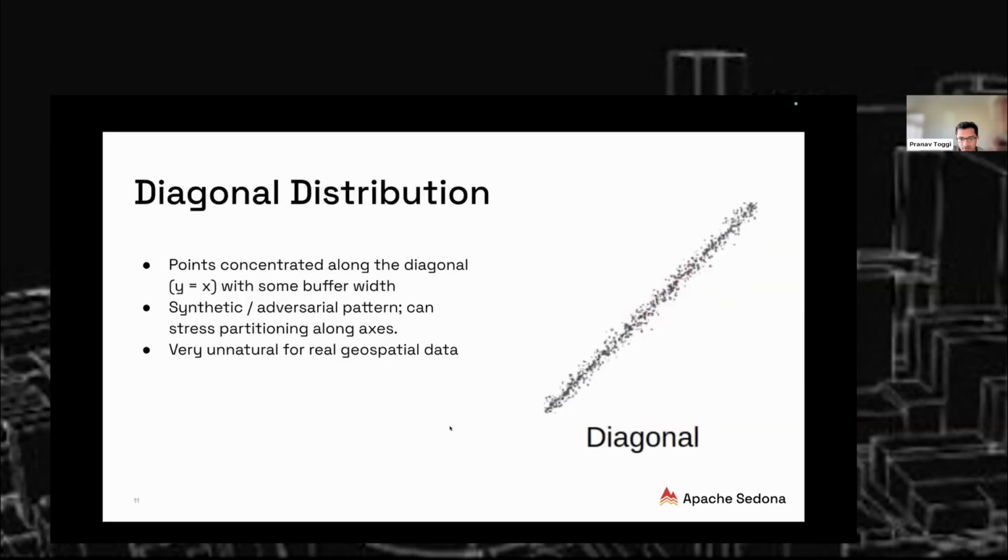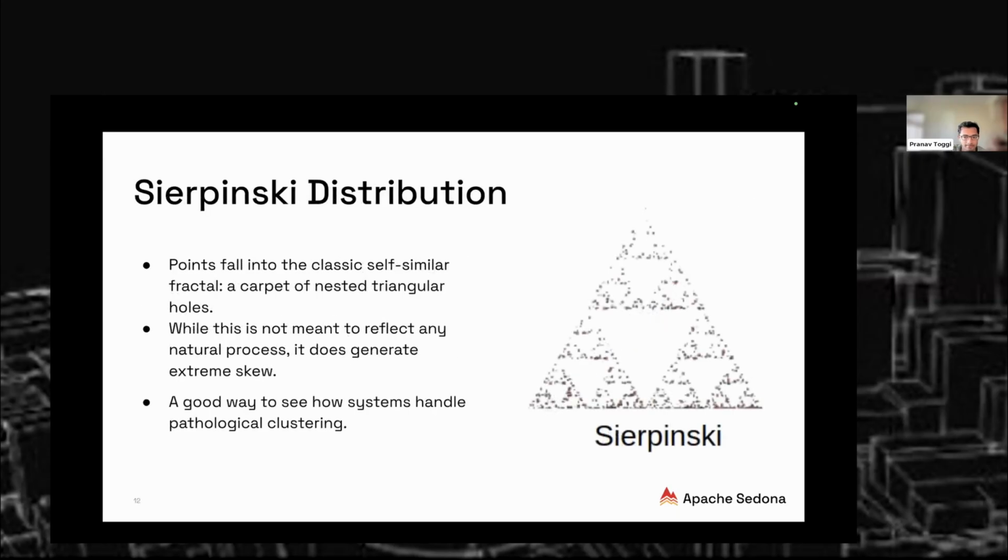Another interesting one is the diagonal distribution. This one spans across a diagonal, and it's pretty predictable, but it's good at stressing engines that use axis-based partitioning, and that's when the skew actually occurs. But most of the engines are good at handling that as well. Next one is a funny looking distribution, the Sierpinski distribution.